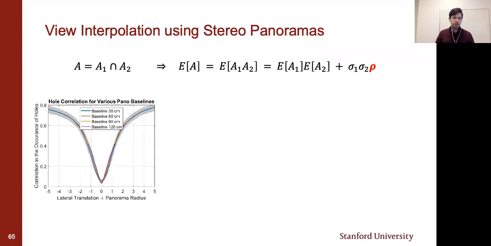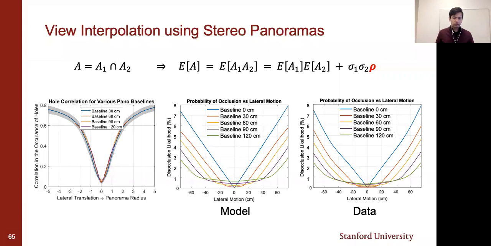Next, we measure this correlation curve for panoramas with different baselines and for different scenes. That curve is shown on the left, where the x-axis shows the normalized viewpoint translation, and the y-axis shows the correlation between A1 and A2. We found that this curve is actually independent of the panorama baseline or the scene geometry. And therefore, we were able to use this curve in our model to estimate the disocclusion behavior.